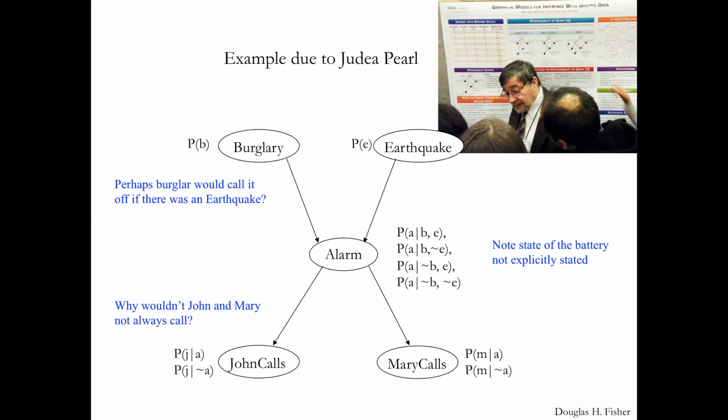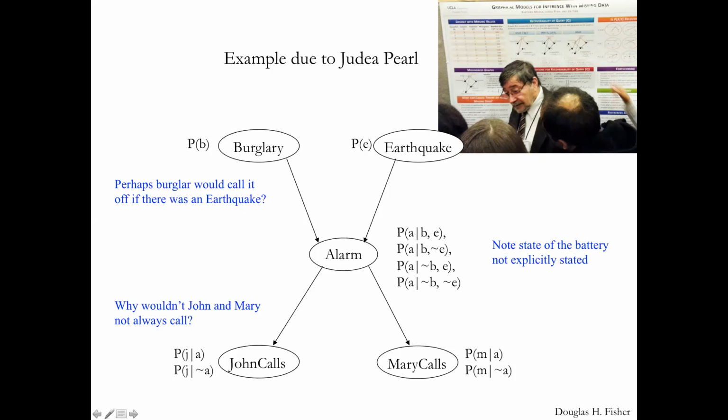I mean, you would assume people know. And so arguably we might have a link from earthquake to Mary calls, and that would be perfectly fine in terms of the topology of this network. There's nothing wrong with the grandparent of a node also pointing to that node as well as its parent.